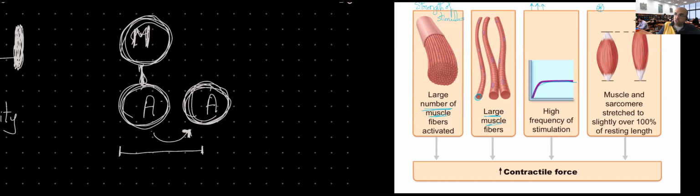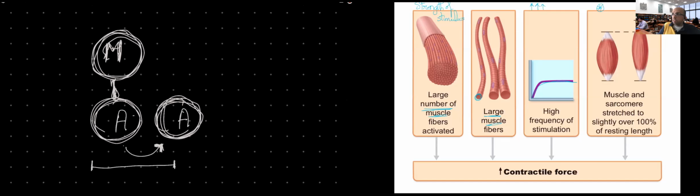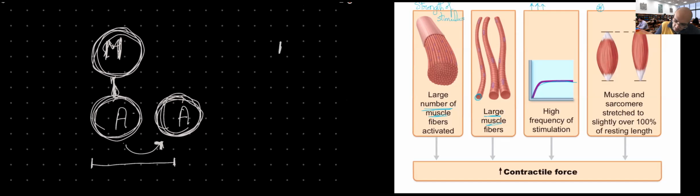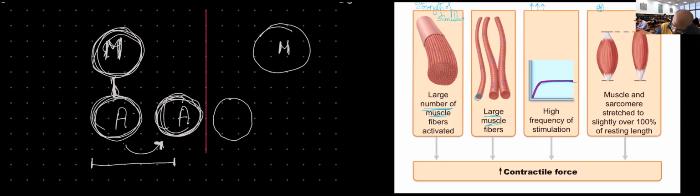What if I stretched the muscle? So rather than this myosin being in front of the second actin, it's going to be in front of the first actin instead. I still have 2 actins.